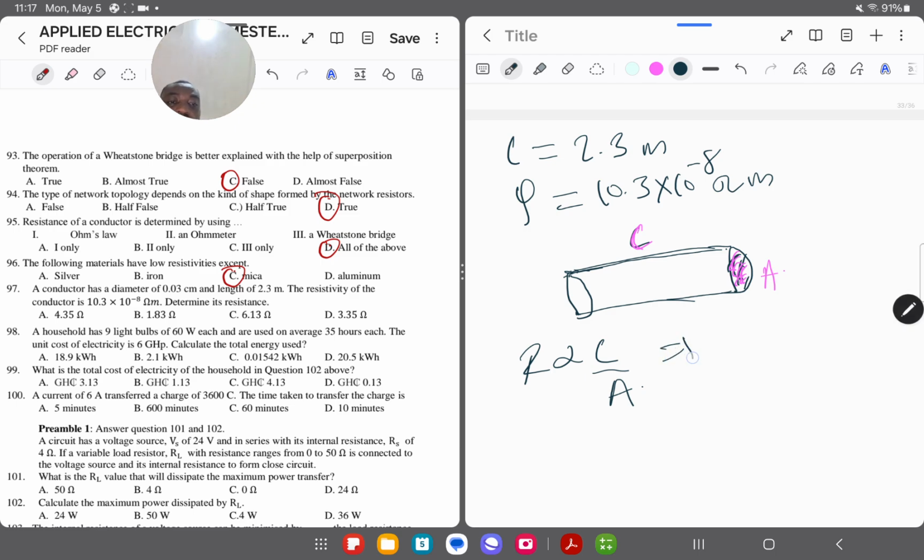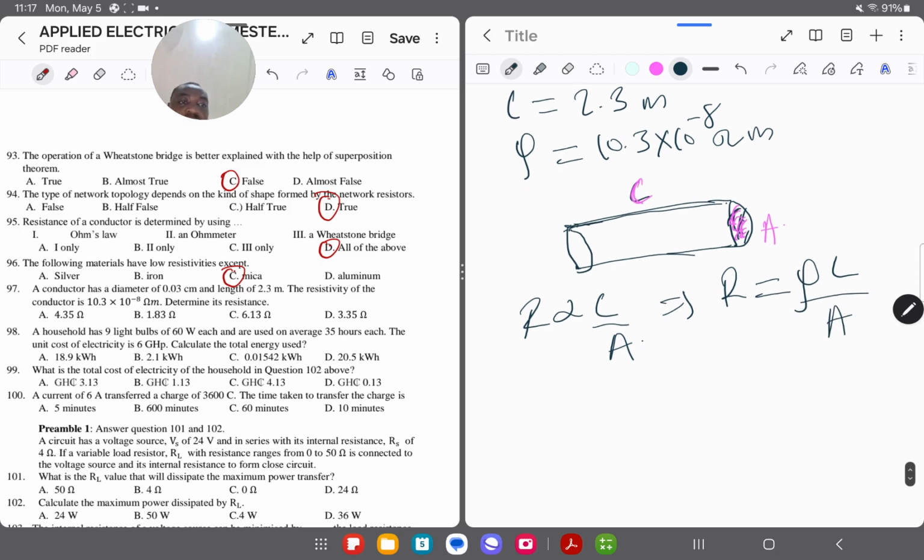So based on this, we get the formula for resistance: R equals resistivity times length over the area. This is how you derive the formula. Once we have this, we just do replacement.